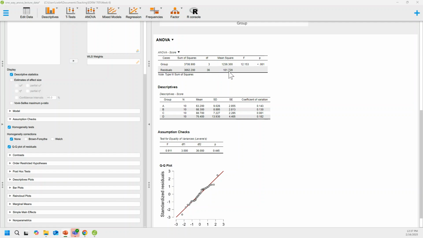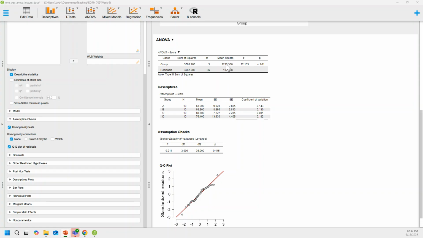All right. Now, our F statistic is given here. And remember I said that our F statistic was our mean square between divided by our mean square within. This value here is our mean square between, and this value here is our mean square within.